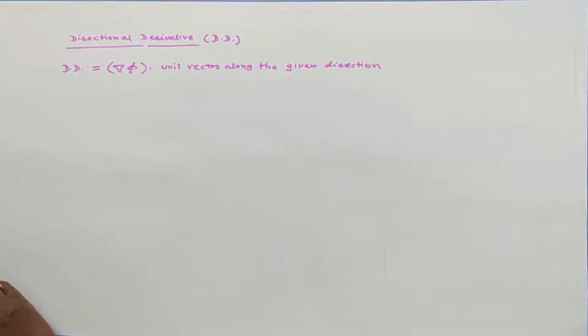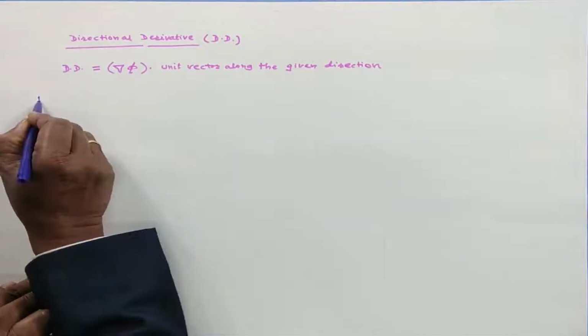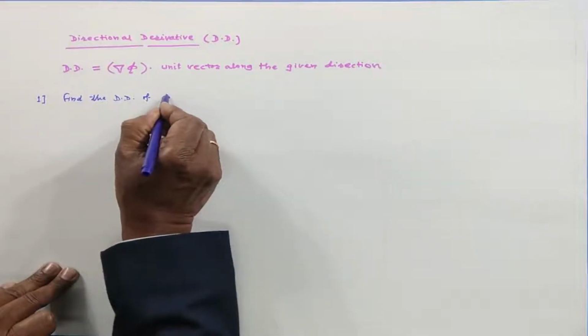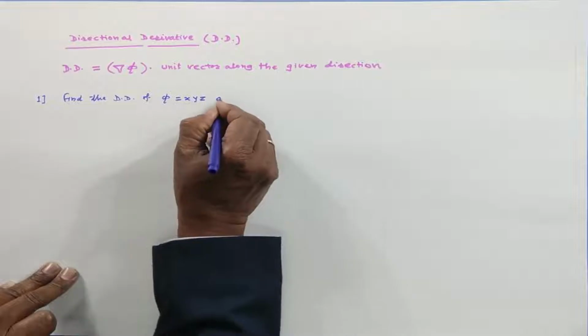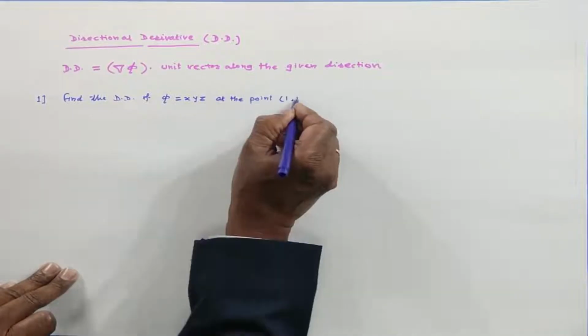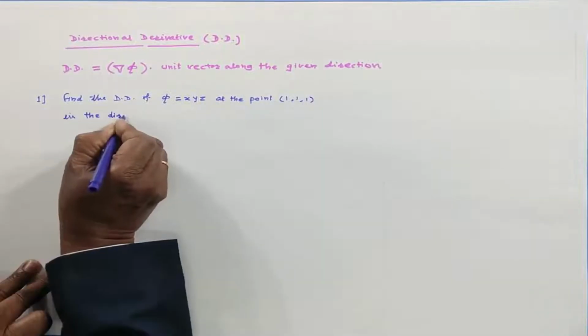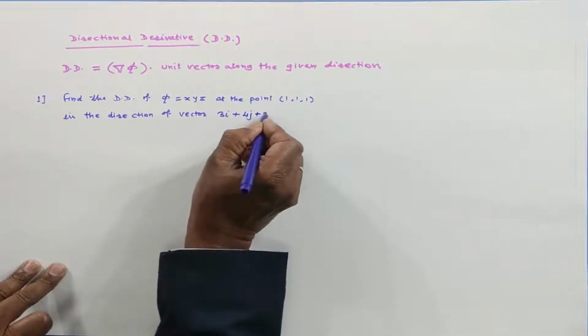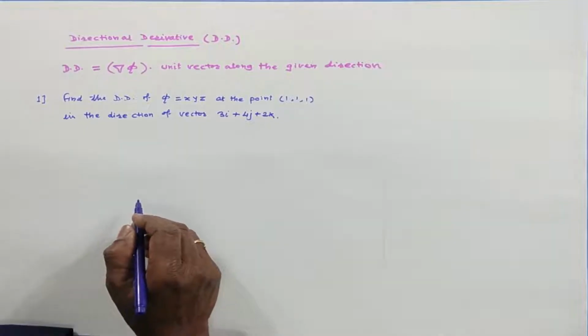So we start with very simple sums. First one: find the directional derivative of the scalar point function phi equals xyz at the point (1, 1, 1) in the direction of the vector 3i plus 4j plus 2k. Okay, try to understand what we are going to do.